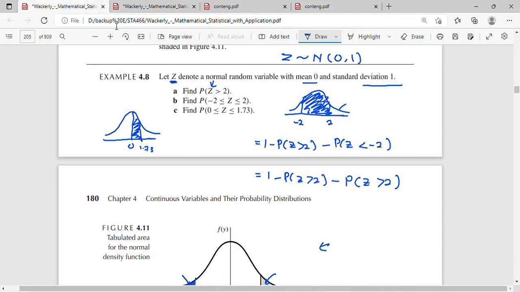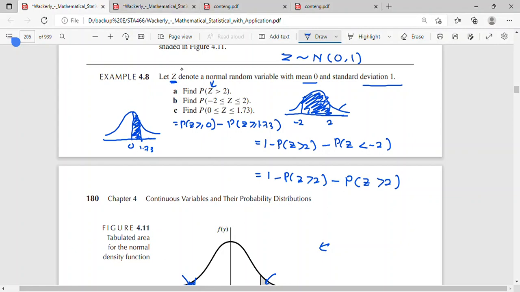So, it will be, we can write it as probability of Z more than or equal to 0 minus probability of Z more than or equal to 1.73. Okay, sebab kita nak here. So, all of this minus dengan this area. So, it will get that.